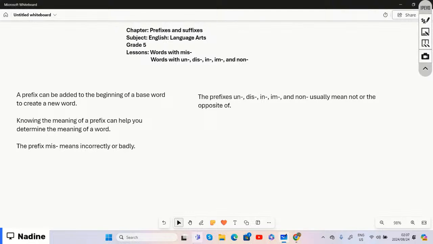A prefix can be added to the beginning of a base word to create a new word. So that is a prefix.